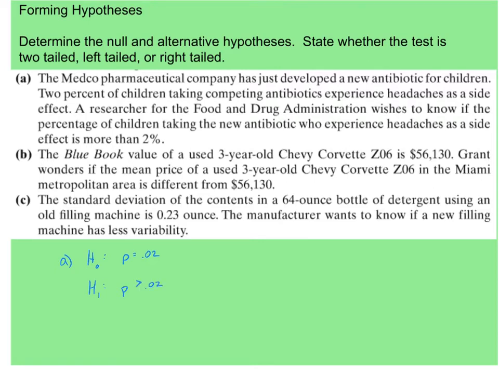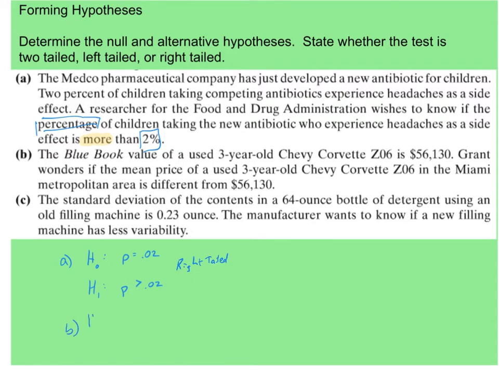First thing, how did I know it was a proportion? Well, there's the word percentage. And then how did I know it was greater than? Well, my keyword in A is right here, more than 2%. And because it's more than, this test is right-tailed. So that is part A.